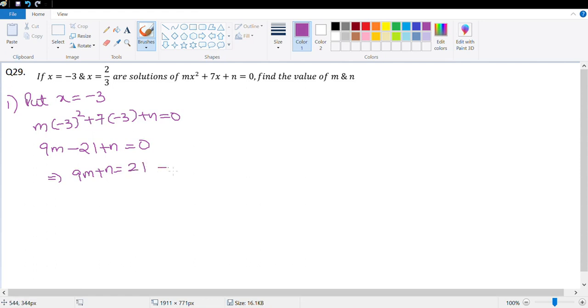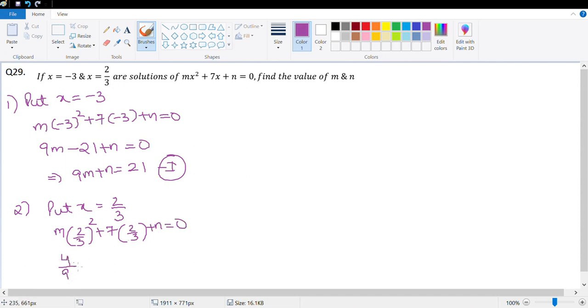That's our first equation. Next, put X is equal to 2 by 3 in the given quadratic equation and we get M times 2 by 3 square plus 7 times 2 by 3 plus N is equal to 0. So this is 4 by 9M plus N plus 14 upon 3 is equal to 0. Let's take the LCM.